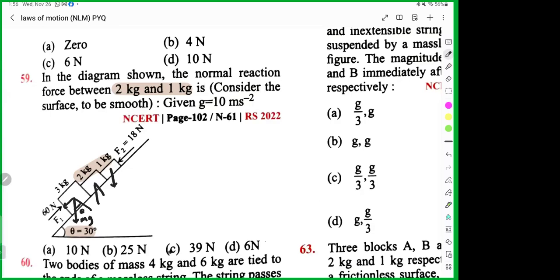Sir, एक बार एक्सप्लेन करो. Sure. तो यहाँ पे मैं क्या बता रहा हूँ कि here this inclination is the only difference. Otherwise, it is exactly the same as the normal reaction. And how do we calculate in the inclination part?